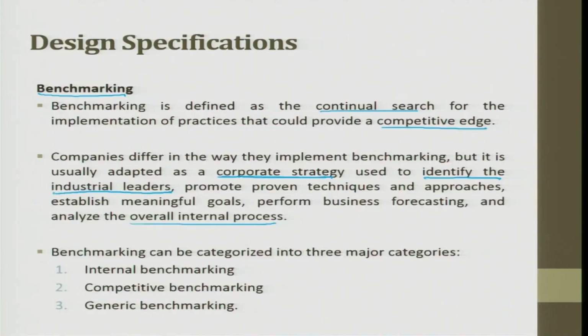So, you always try to compare it with the industrial leaders, promote proven techniques, approaches, establish meaningful goals. You should not copy and repeat the same. When you do benchmarking, you always surpass the standards whichever is available. So, you will try to go beyond the products which are available, perform business forecasting and analyze the overall internal process.